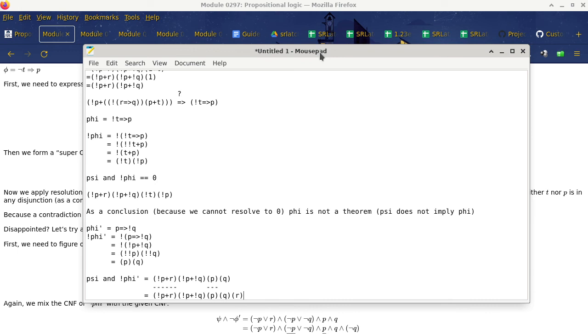There has to be a reason why, once we apply resolution, the result of the resolution can be appended to the conjunction without changing the value of the conjunction itself. They should have the same result. It's implied by, right? The result is implied by some of the expressions in the original thing.